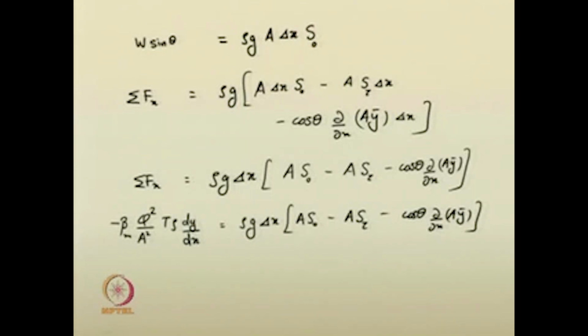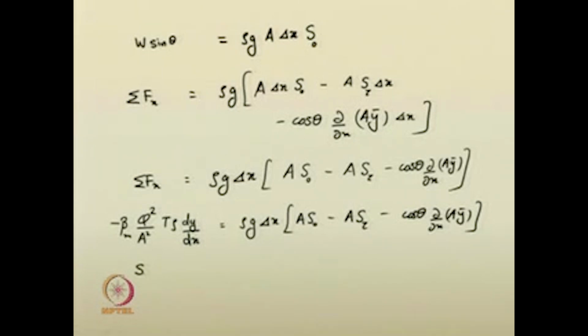So, you can cancel rho as it is an incompressible liquid. You see that rho has come out, you can cancel them. You can also take A out from here. You will get a very good relationship now.